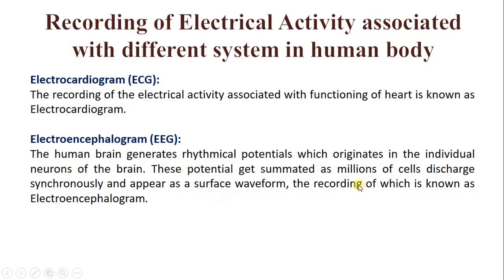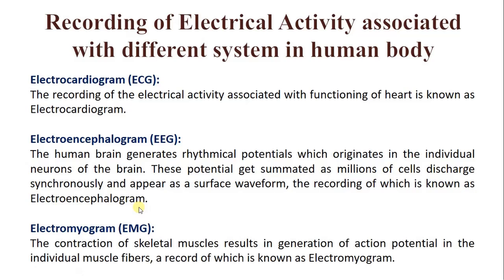And this recording of electrical activity of the signal generated by the neurons is known as electroencephalogram. We have EMG. The contraction of skeletal muscles results in generation of action potential in the individual muscle fibers, and a record of which is known as electromyogram. Simply stated, it is the recording of electrical activity associated with the movement of muscles.